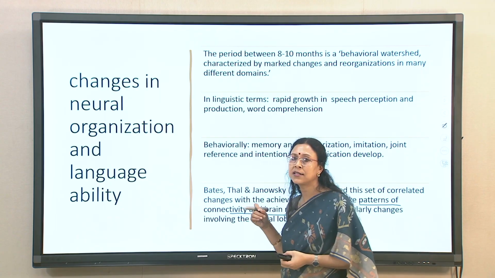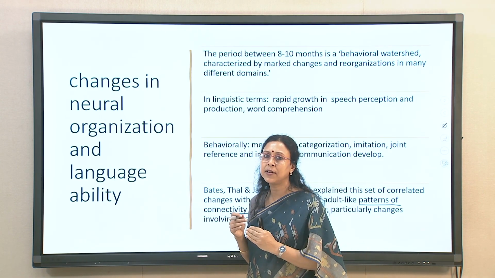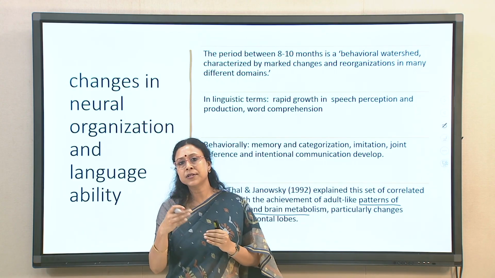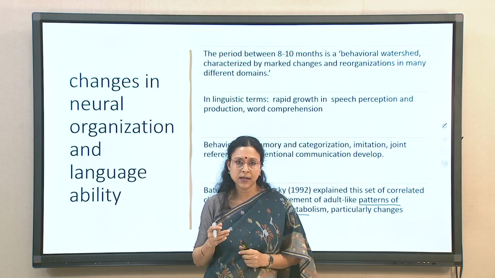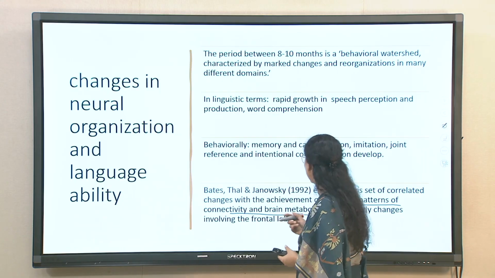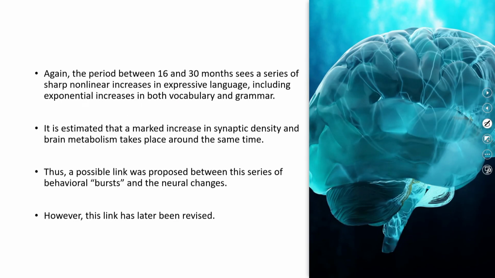So, the idea put forward is that because these connections are developing simultaneously, the linguistic and behavioral outputs are probably correlated. Causation has not been proposed, but correlation certainly may be, particularly involving the frontal lobes.